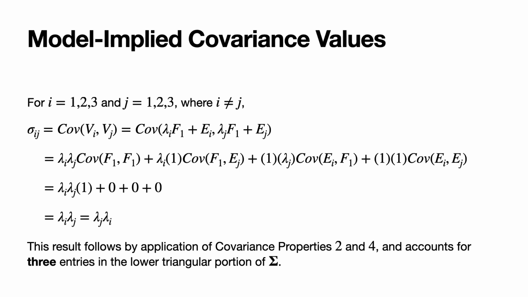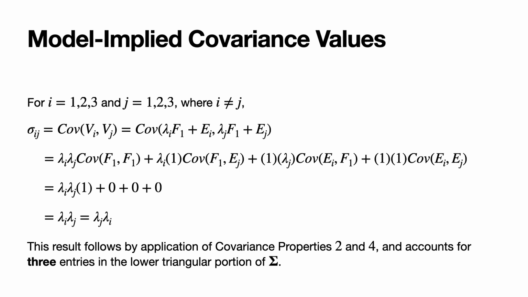e sub j. This is equal to lambda i times lambda j times the covariance of f1 and f1, plus lambda i times 1 times the covariance of f1 and e j, plus 1 times lambda j times the covariance of e sub i and f1, plus 1 times the covariance of e sub i and e sub j.